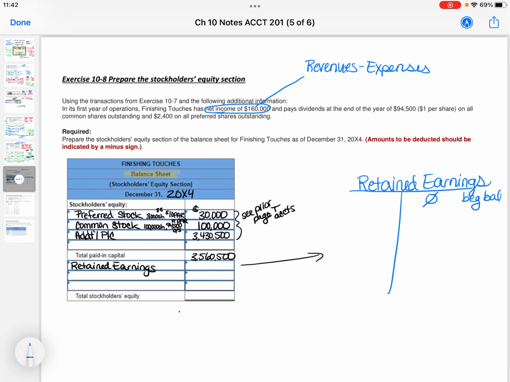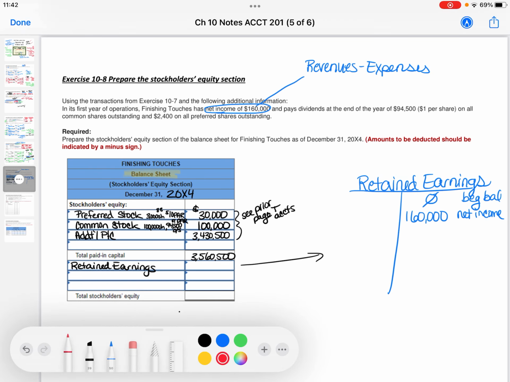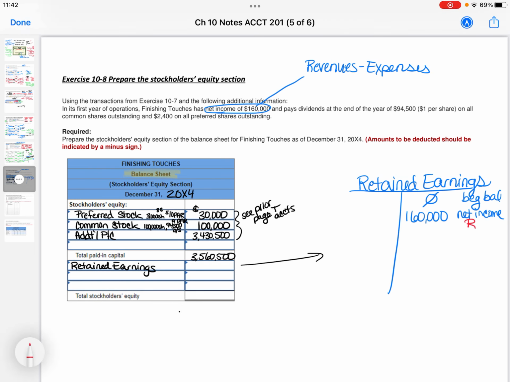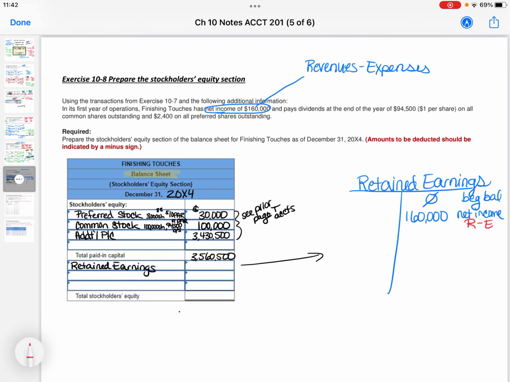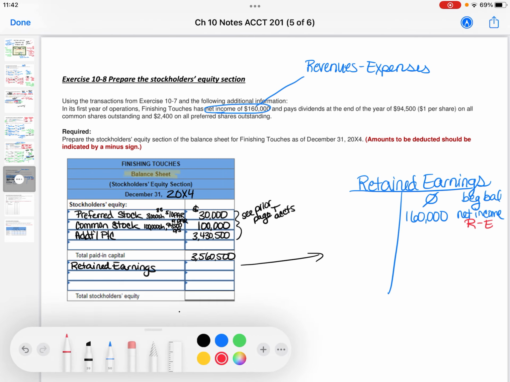So I'm going to put this net income amount on the credit side because it's going to increase, right? Net income is earnings. I just want to write this out with my little RED, that this would be the R and the E. It's technically revenue minus expenses, right? So there's my RE. Remember, retained earnings, we close the RED accounts here.